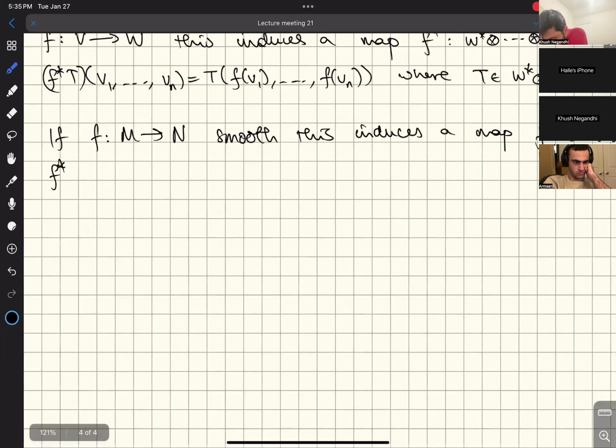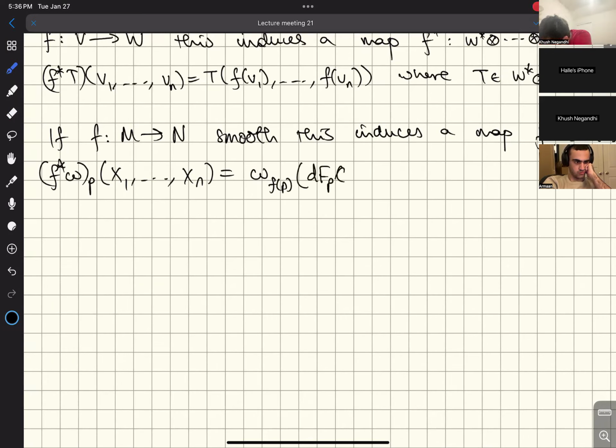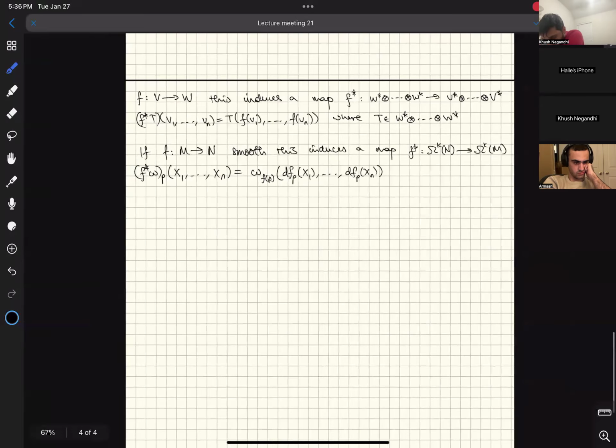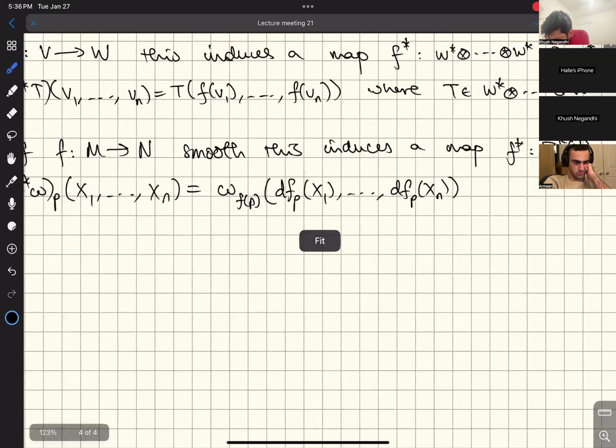So you take f star omega and evaluate that at a point p and you take in a bunch of tangent vectors. And all it does is it evaluates omega at f of p at dfp x1 up to dfp xk. Sorry, this should be k. I'm not sure.